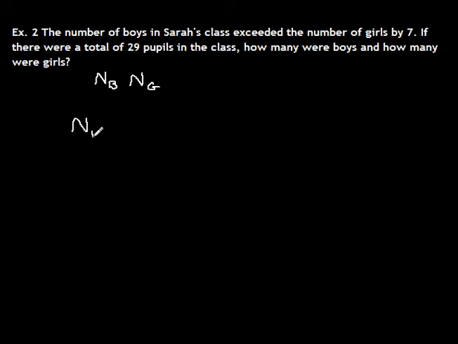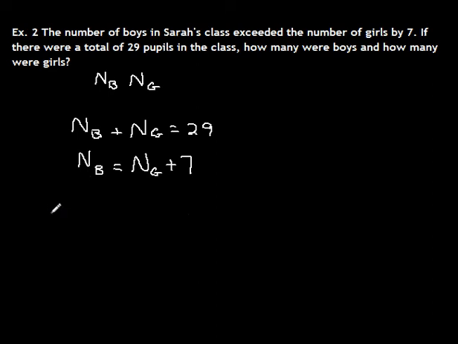So the number of boys plus the number of girls, I'm just doing the easiest one first, equals 29. The number of boys was more than the number of girls by 7. So the number of boys equals the number of girls, but they're not equal. There are more boys than girls. So to keep our equation balanced, we have to add the 7 to the girls, and now they're equal amounts on each side.